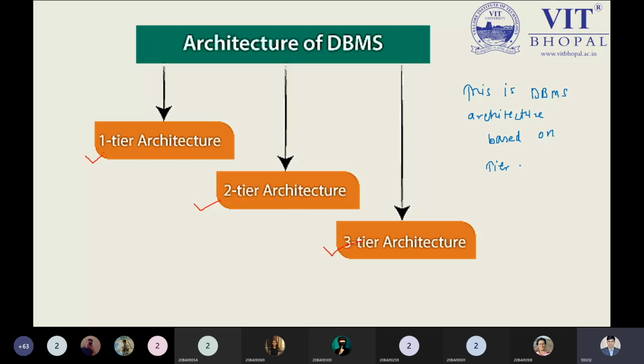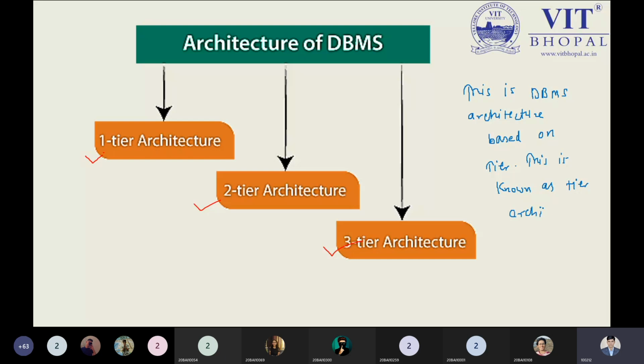So we can say this is known as tier architecture. This is known as a tier architecture.